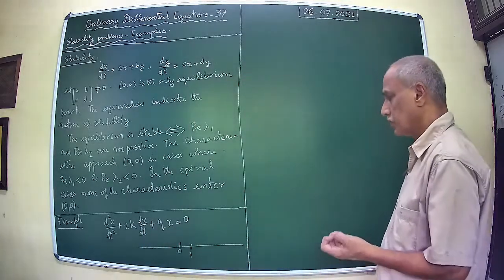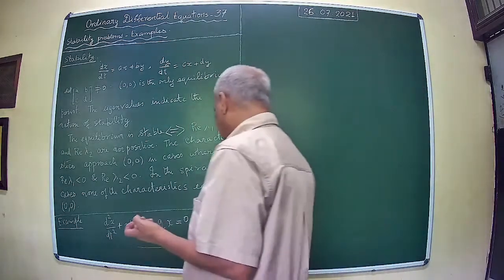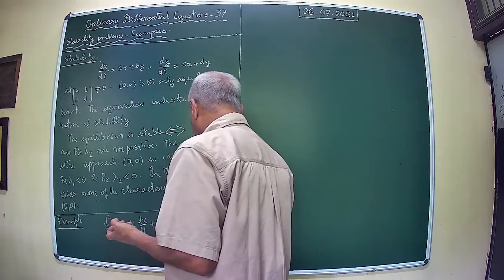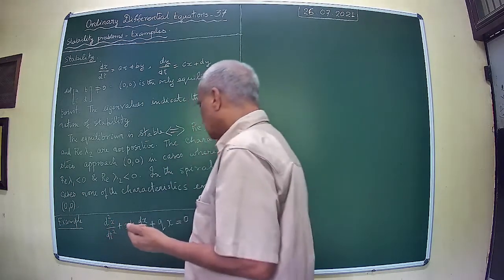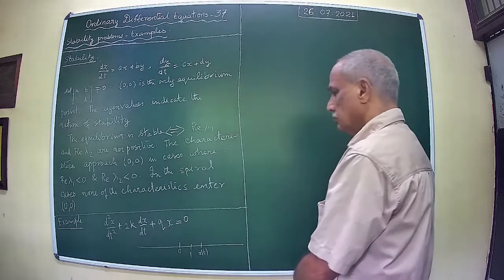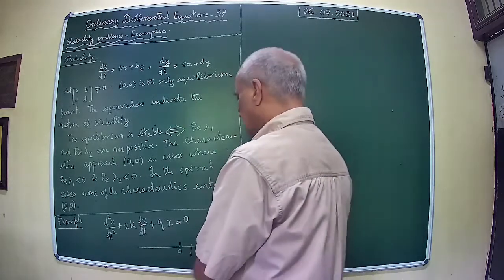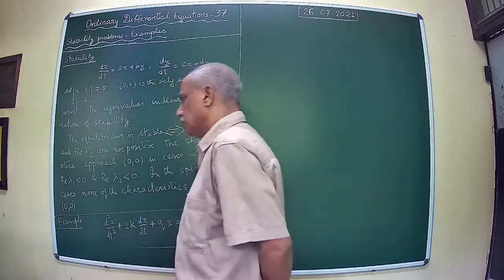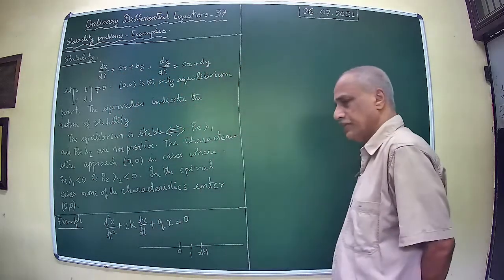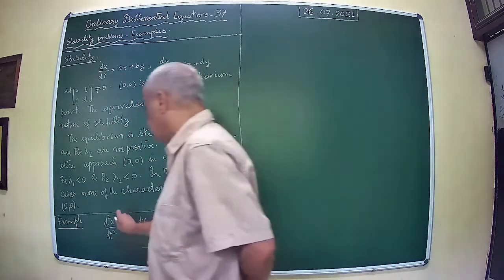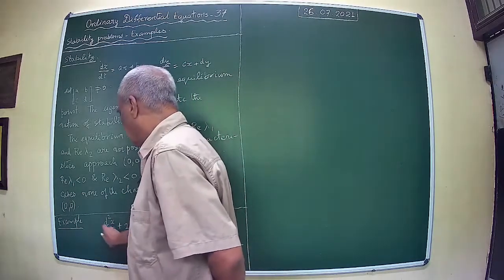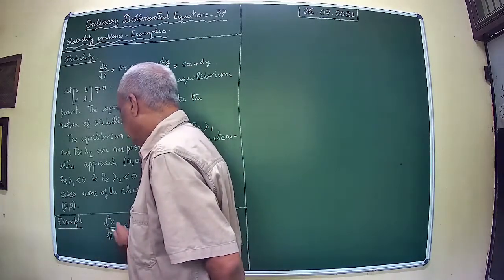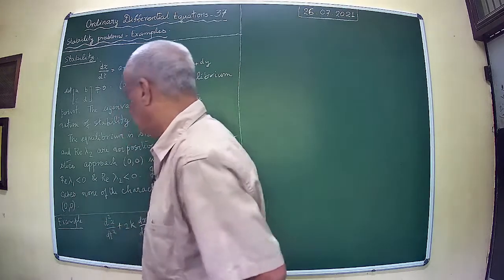Suppose x(t) is the position of the particle at time t, then the second derivative of x corresponds to the acceleration, and if it is unit mass, then this term corresponds to the rate of change of momentum.